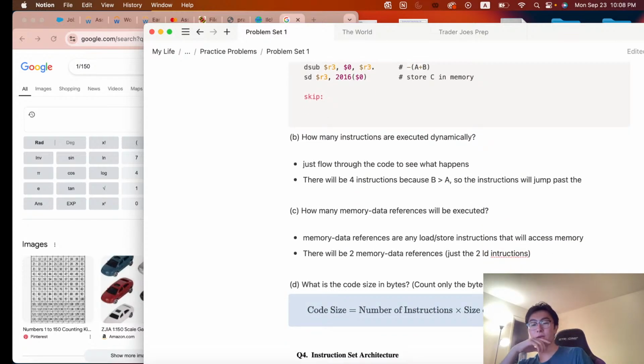I'm confused then. So in MIPS 64, is each instruction 4 bytes?